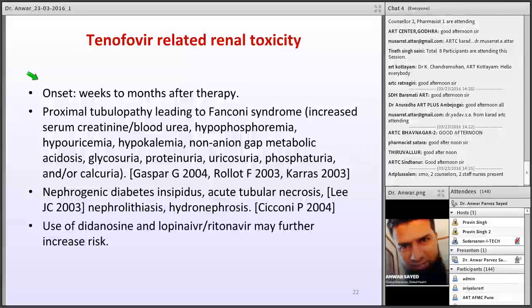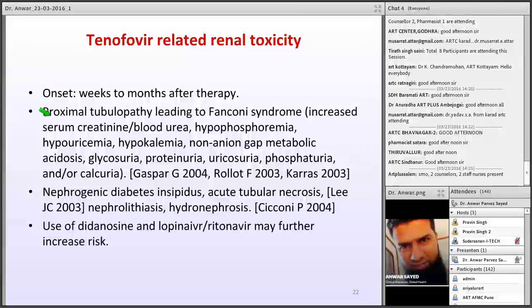I'm sure that people from our ART center might have seen this kind of toxicity even before that. But again, more close observation is required once you initiate a patient on ART: whether renal parameters are normal, how is the hydration, and all other things, and comorbid conditions need to be seen. But usually it happens within weeks to months after therapy.